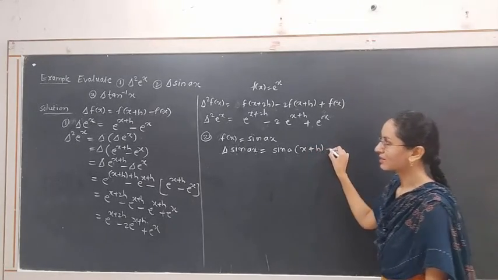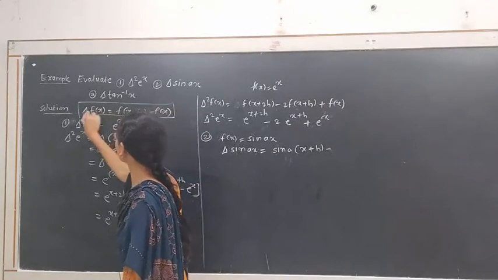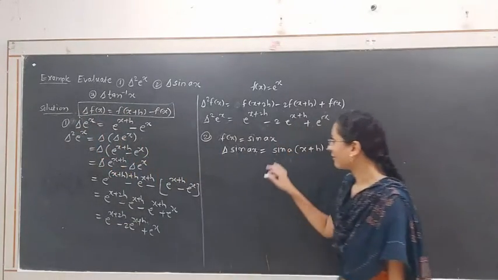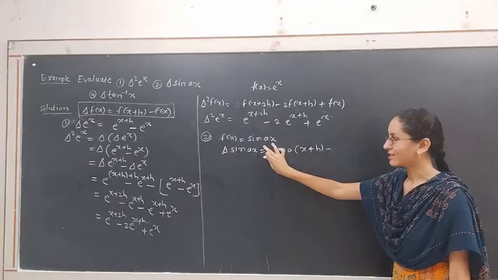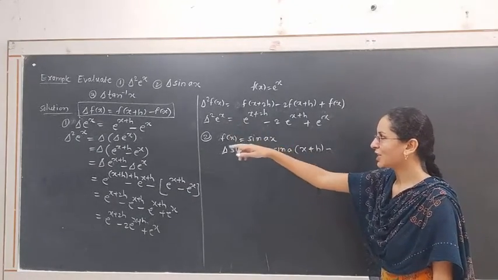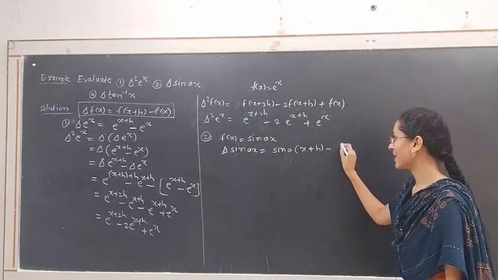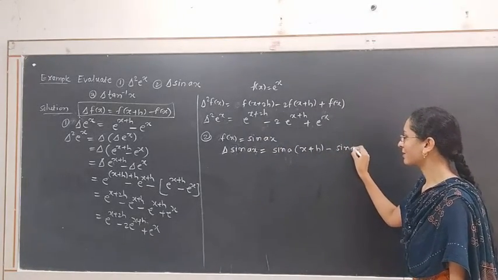What is this formula? Del f of x is f of x plus h minus f of x. Our f of x function is sine ax. Hence, by using that formula, replace initially x by x plus h, minus the function f of x, which is the same, sine ax.